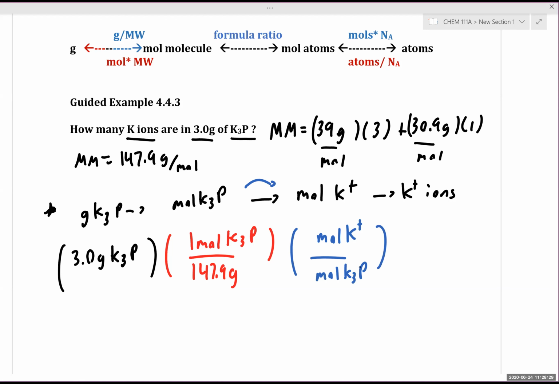How many potassium ions do we see? 3, yep. So we have 3 moles of potassium per 1 mole of potassium phosphide. So our grams cancel, our moles potassium phosphide cancels.